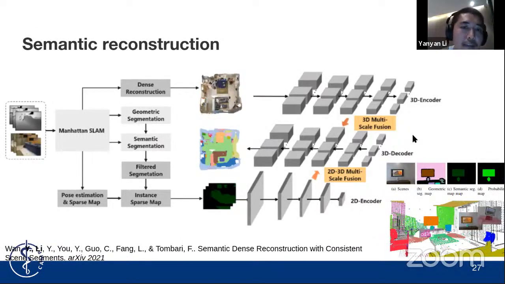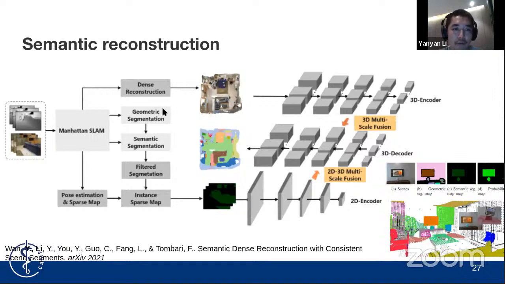After that, maybe we can check some easy topics. First of all, based on our traditional SLAM system like this Manhattan SLAM, we can try to generate some semantic maps. For our planar SLAM or Manhattan map, it's easier to obtain a dense reconstruction map, but both of them don't have semantic information.